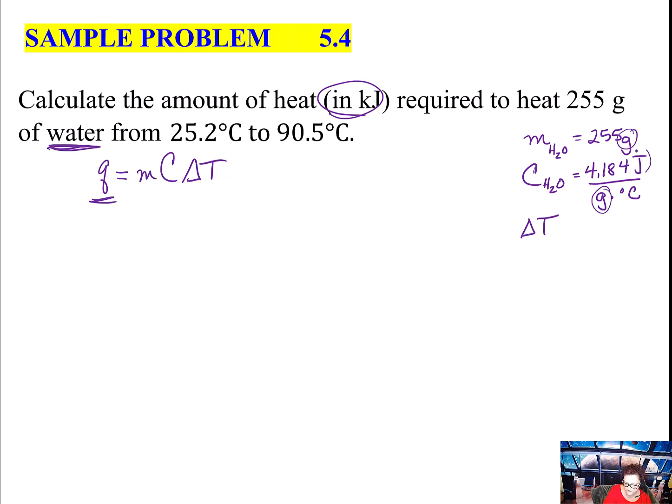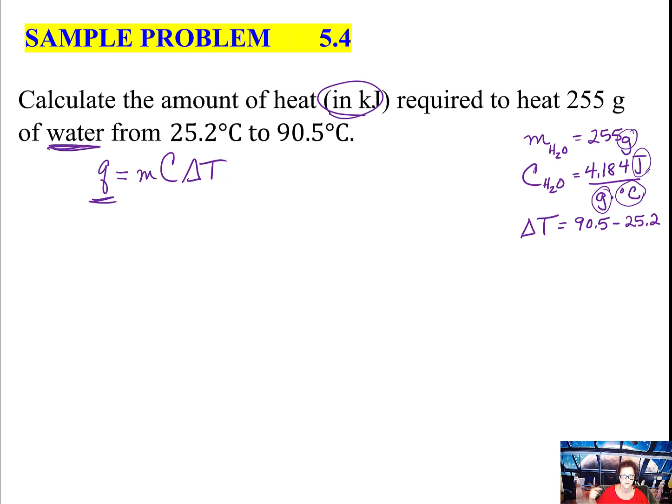If I use this, I'll have joules, and I keep my temperature in degrees C. To get delta T, it is the final 90.5 degrees C minus the initial, 25.2, because it goes from 25.2 to 90.5.